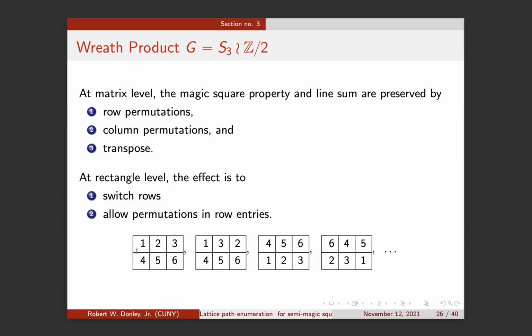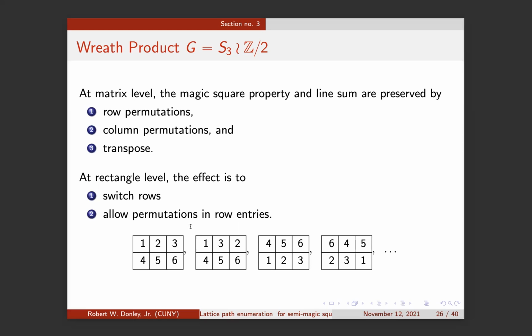The way you think about this in rectangle form, that means you can interchange the rows. Technically you can't do column switches; column switches are not enough. What we'll allow in each row is that you can permute along rows without worrying about what's underneath or above.